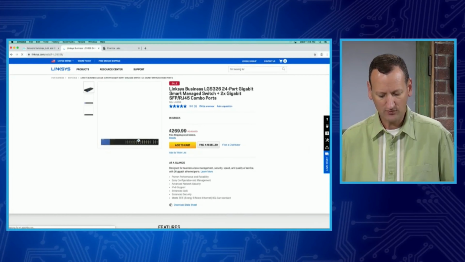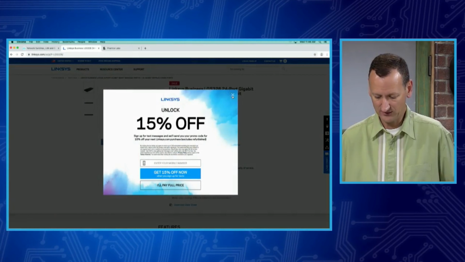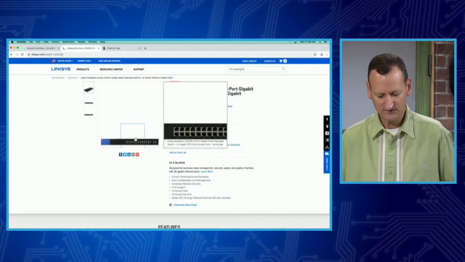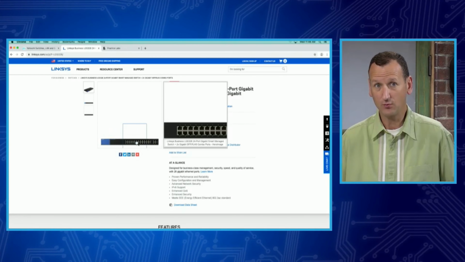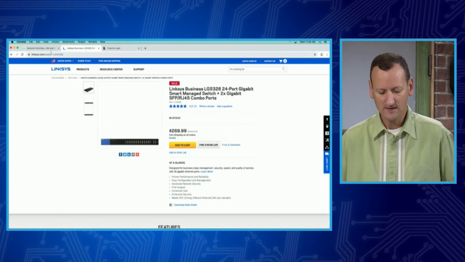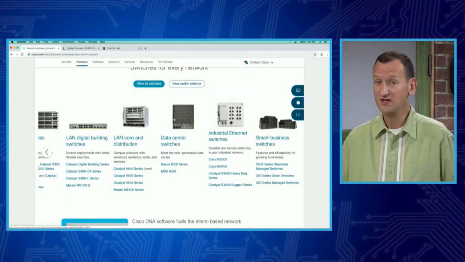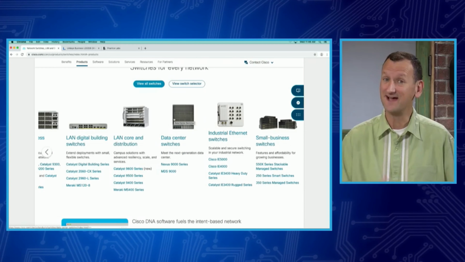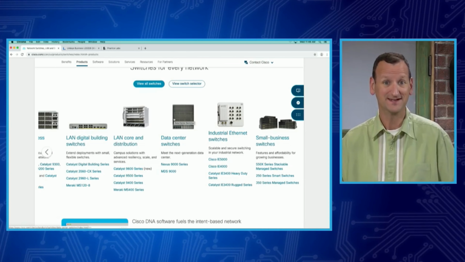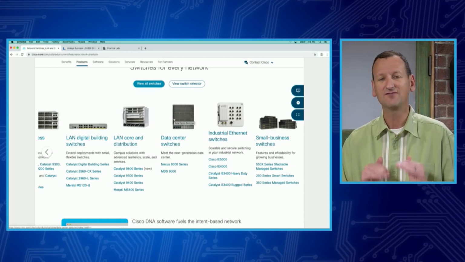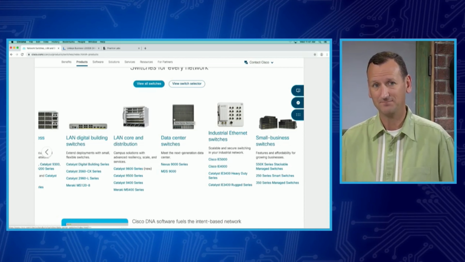So a 24-port switch, this one is about $300, right? So each of those vary in price based on how many ports you're getting and how you intend to use it. When you start talking about some of these larger switches, they could be $100,000. That's not something you want to put in your home. It is something an ISP would need. So we have to select the right switch for the job.